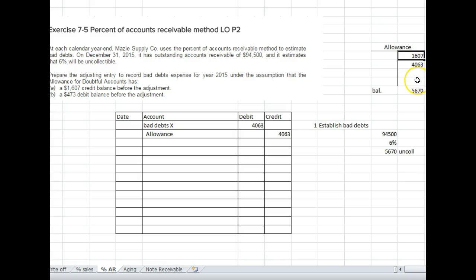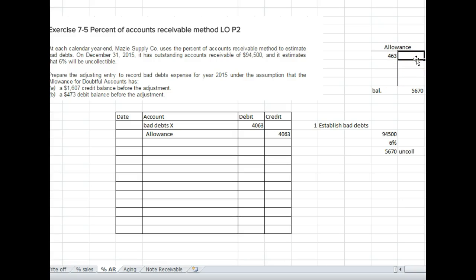Now the other scenario is, what if you had a debit balance and you needed to have a balance of 5,670? Well, on the debit side, I'm going to have to credit this 5,670 plus the 473.